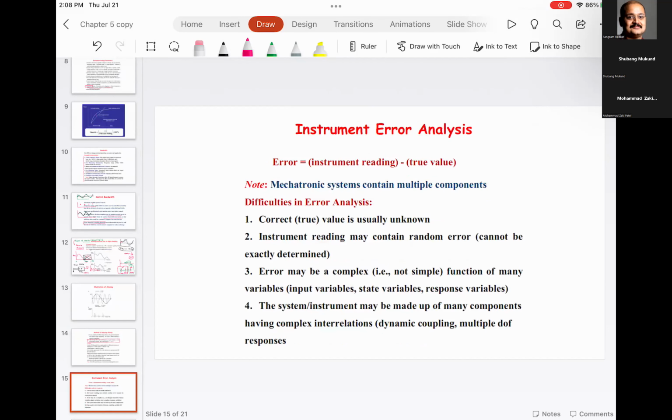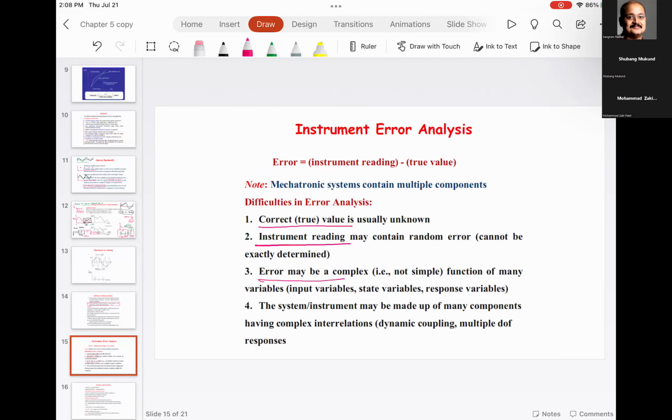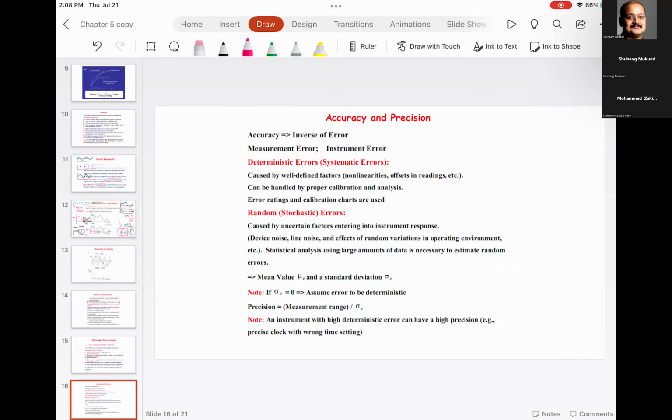Now, we talked about instrument error analysis in the last class in detail. We want to make sure our instrument is precise, repeatable, and accurate. There are deterministic errors, which are offsets.